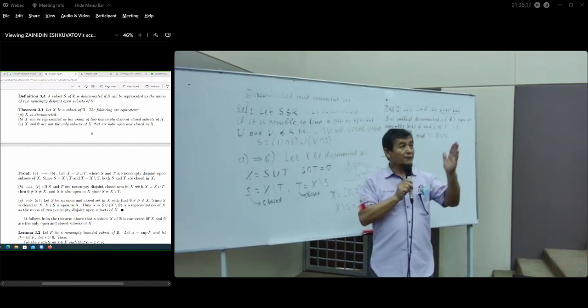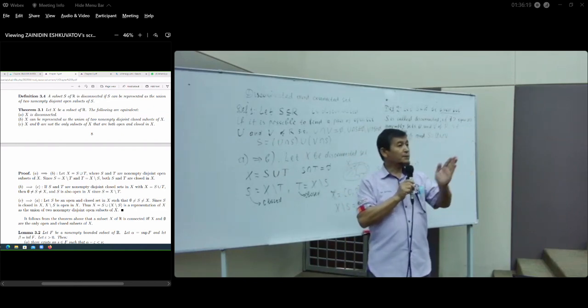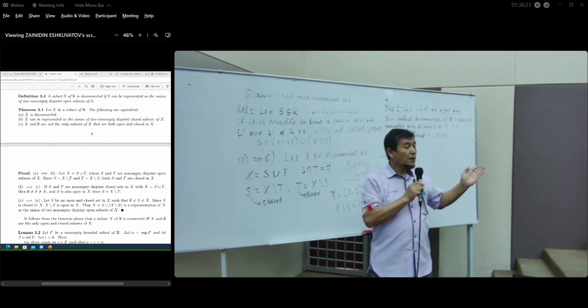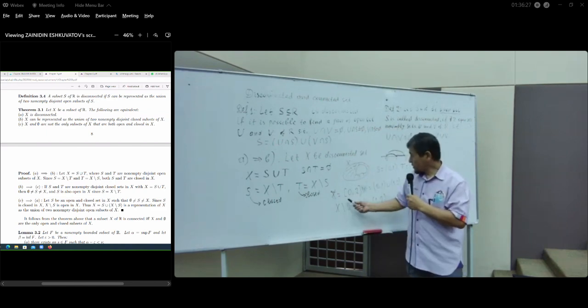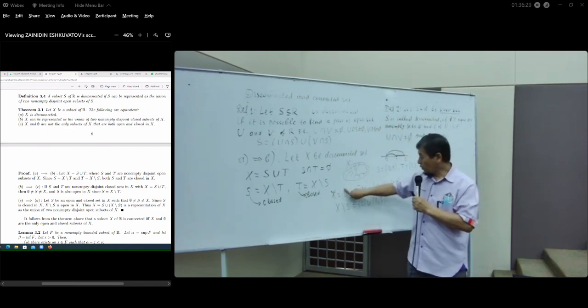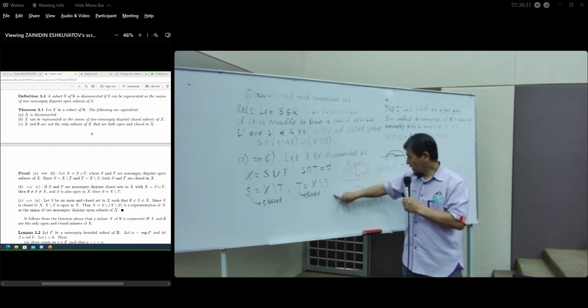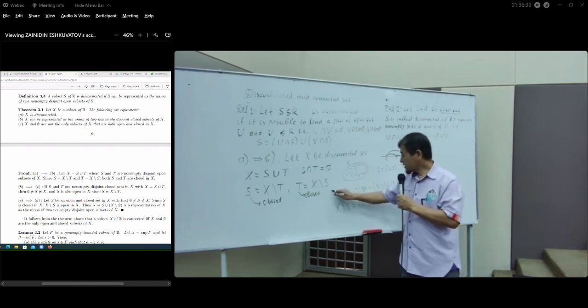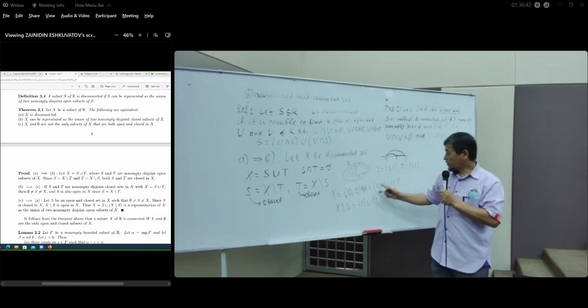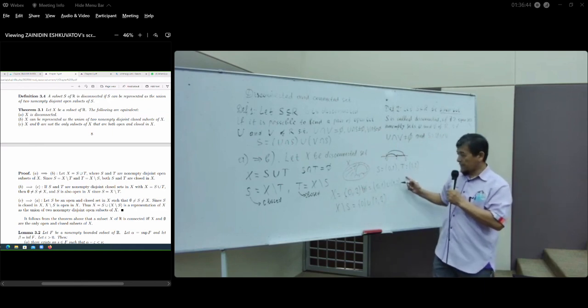You see, if X is open, then subtracting another open set, it looks like a closed set. It looks like a closed set. But look, X is open. X is an open set, and S and T are open sets.